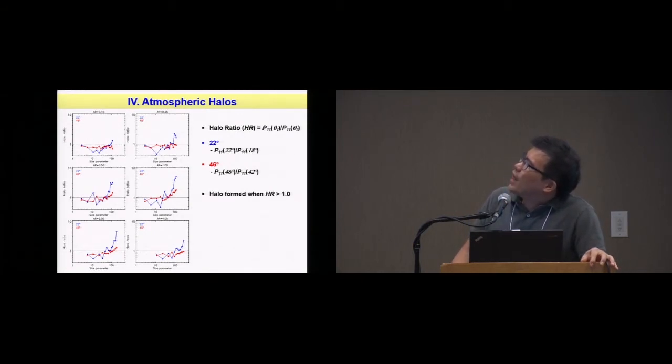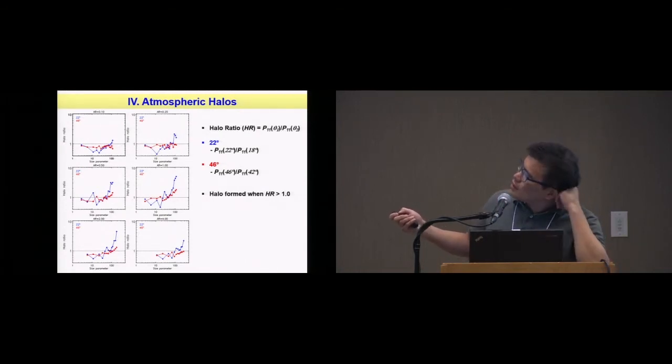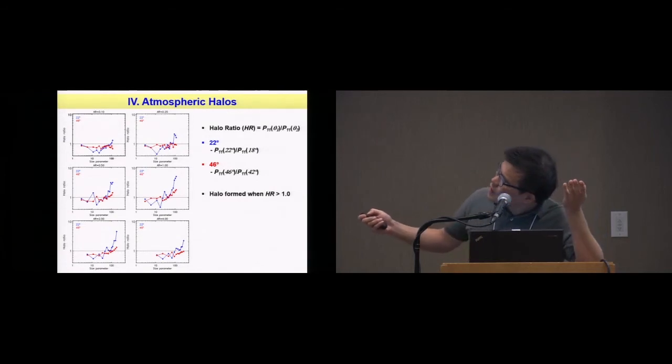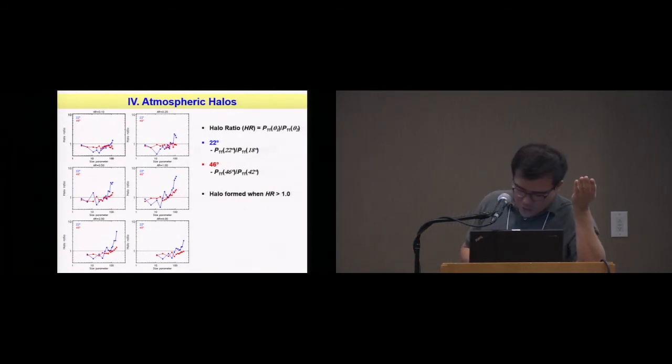Let's see more detail. We define the halo ratio, which is the ratio between two different scattering angles. For the 22 degree halo, we selected 22 and 18 degrees, and for the 46 degree halo, we selected 46 and 42 degrees. So a halo forms when this halo ratio is larger than 1.0, as noted by the broken line in each figure.